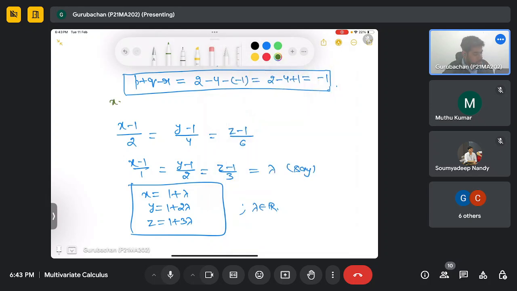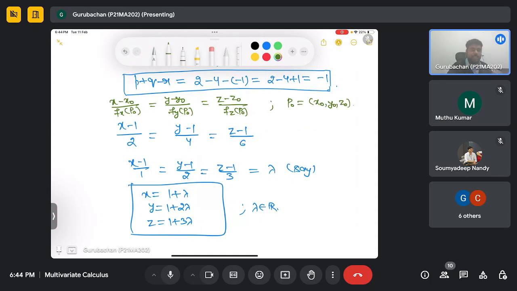So (x minus x naught) divided by fx at point p naught, (y minus y naught) by fy at p naught, and (z minus z naught) by fz at p naught. Here p naught is equal to (x naught, y naught, z naught).